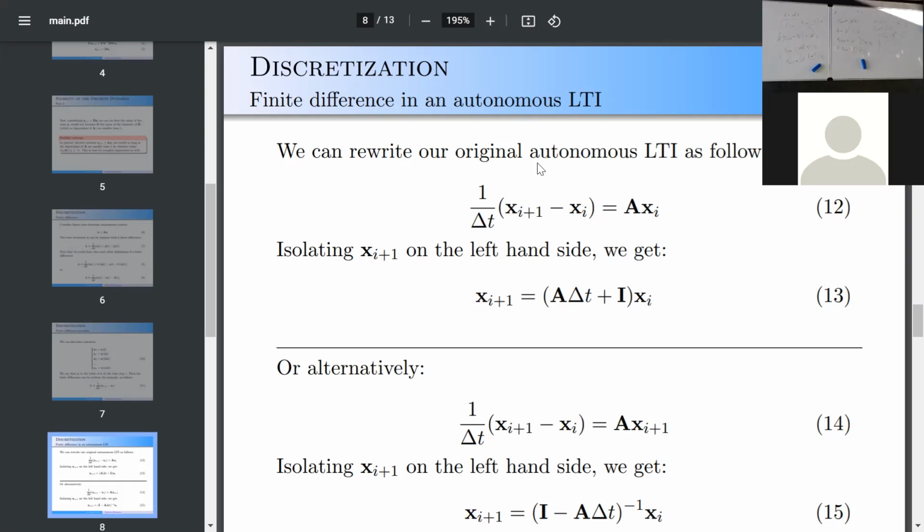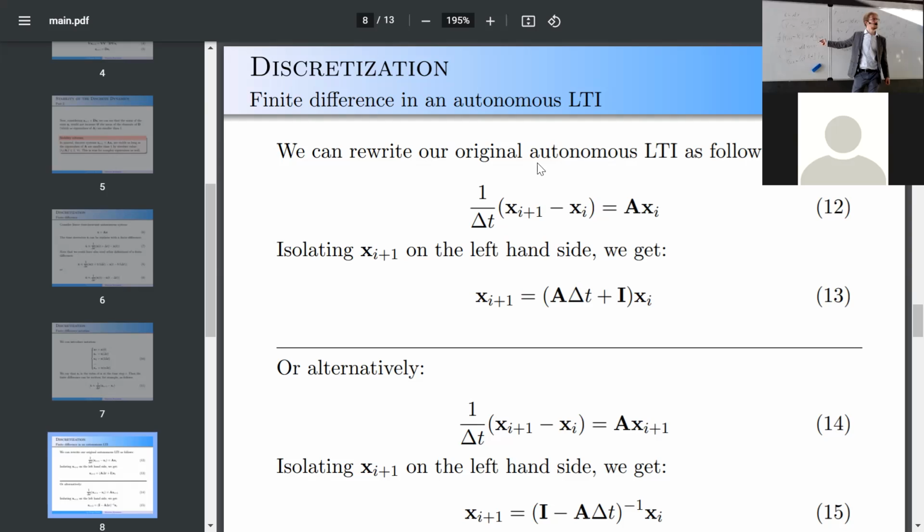Let me just give you one more notion. This notion is what if you try to do this step differently? Let me write it. What if you decided to do this step differently? Notice what I did here. I proposed to write it not in terms of the current state, but in terms of the following state.